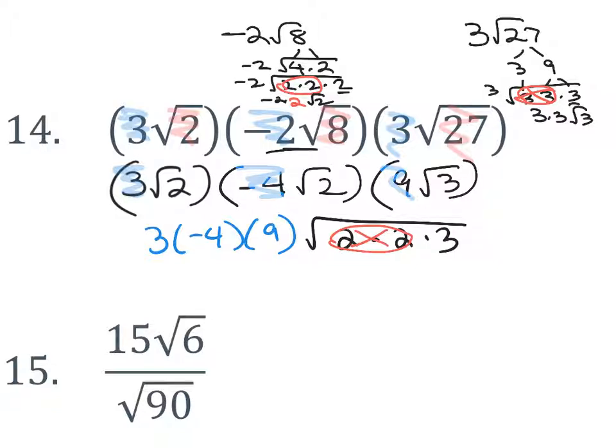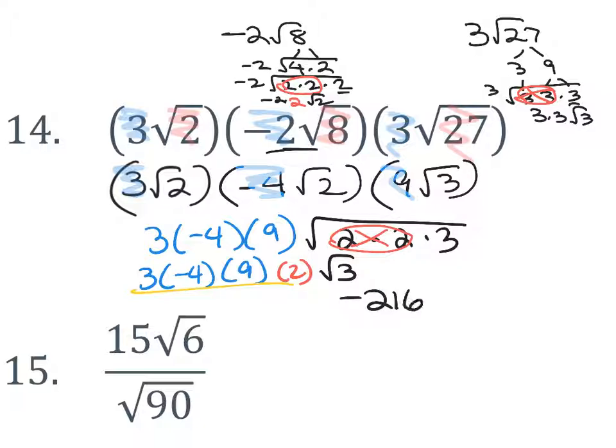So now what I'm going to multiply is going to be the 3, the negative 4, the 9, the 2 that I just found hiding underneath there, and this 3 stays underneath. So now I'm going to multiply these 4 numbers, and I get negative 216. So negative 216 square root 3.